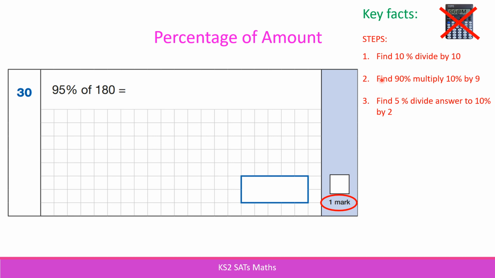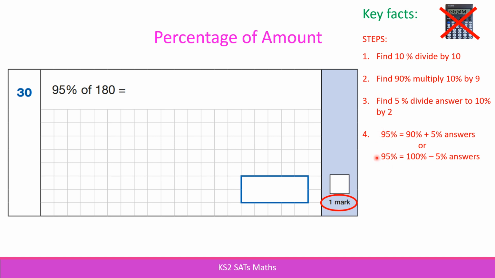Once we've got 90% and 5%, I can add those 2 percentages together to give me 95%. Or I could take the initial amount, which is 100%, and take away 5%, because 100 take away 5 will give me 95%. So there's 2 different options as to which way round you want to work out the answer.